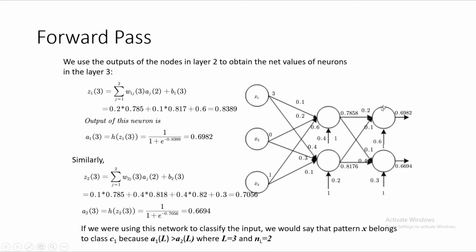Here we can see that the output value of the first node is greater than the output value of node 2. So we say that this input vector belongs to this class.